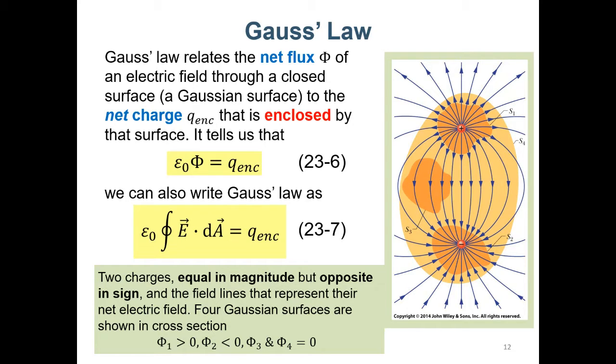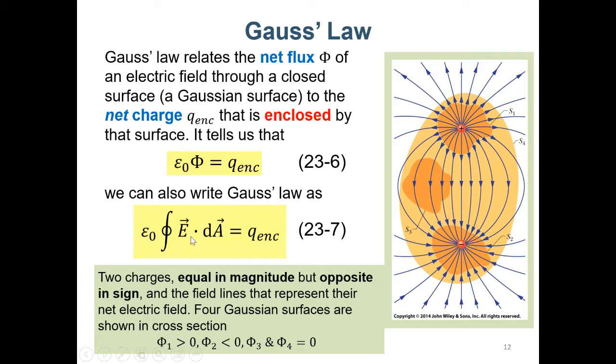Similarly, in this case, this equation looks very simple, but it's not good to use. So we can substitute the definition of phi here, so that it looks like this integral law.